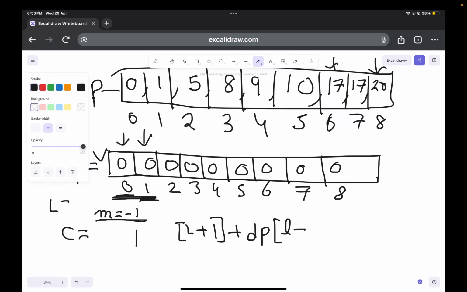Here L is 1, length is 1. Cut possibilities go till 0 this time. L minus length, total length minus j. What is j? J is nothing but total cut minus 1. This is the formula. Did you understand? Tell me yes or no.